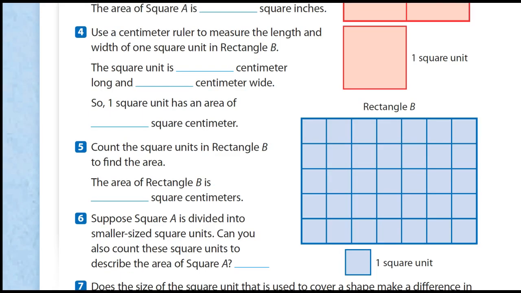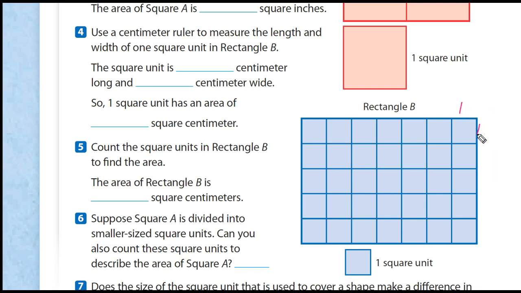Then it says, now which rectangle am I using, A or B? B. It says use a centimeter ruler. That's the list of the little numbers on the side. To measure the square unit. So each one of these, by the way, is 1.